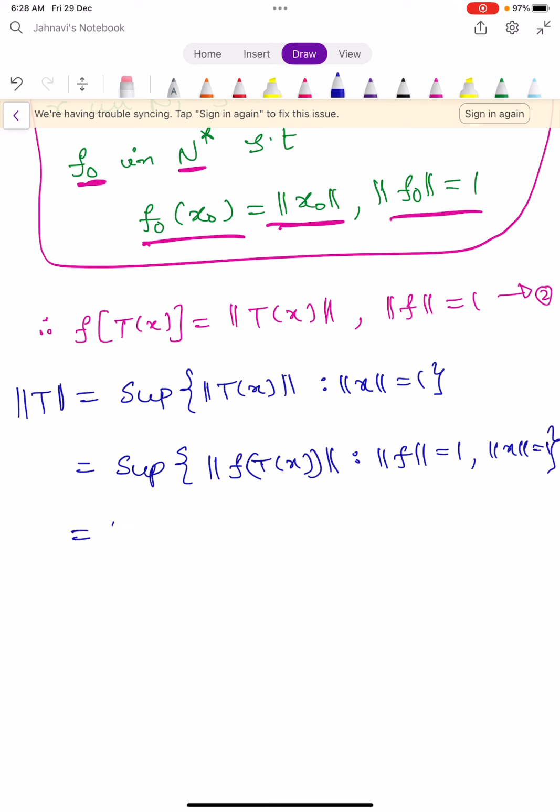Which is again equal to the supremum of norm T star f of x, such that norm f is equal to 1, norm x is equal to 1.